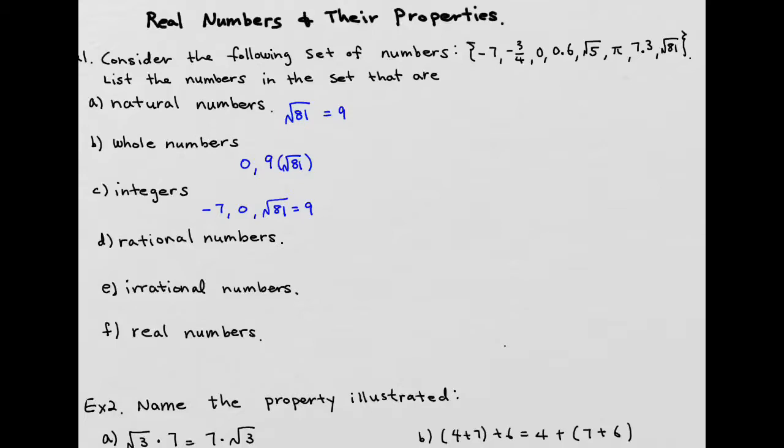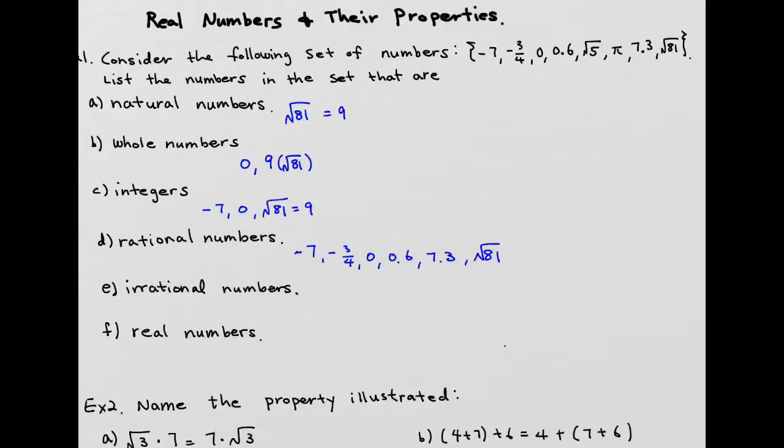So that's going to be negative 7, negative 3 over 4, 0, 0.6, 7.3, and square root of 81.